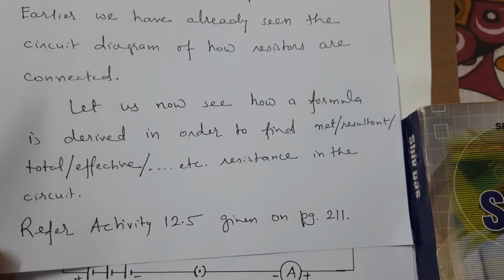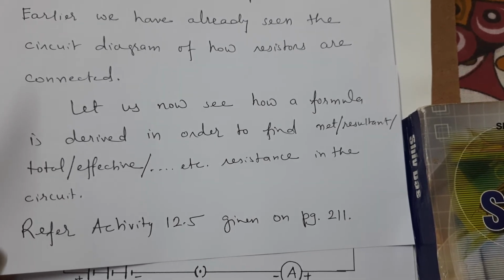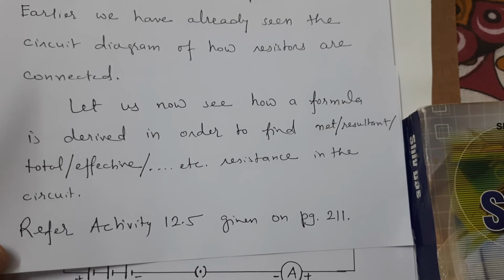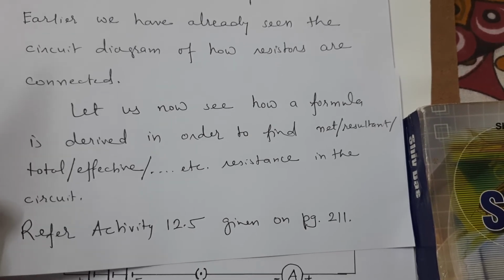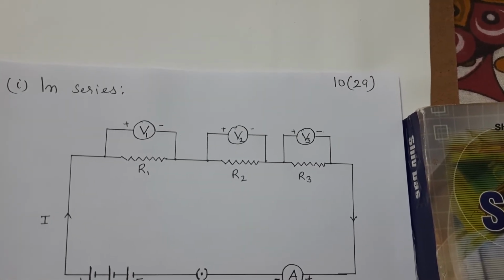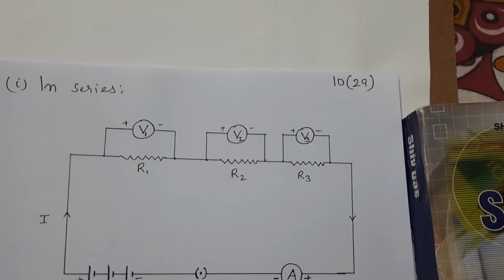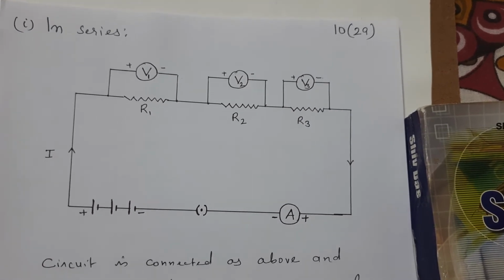Refer to activity 12.5 given on page 211. Do go through that activity. In that activity, everything is explained which I am about to explain. So we are talking about series connection, how resistors are connected in series.